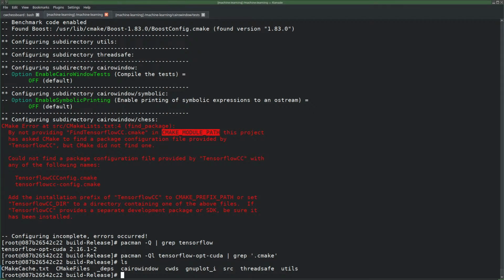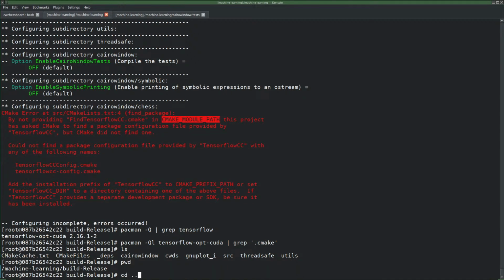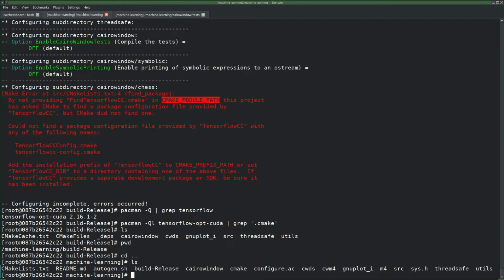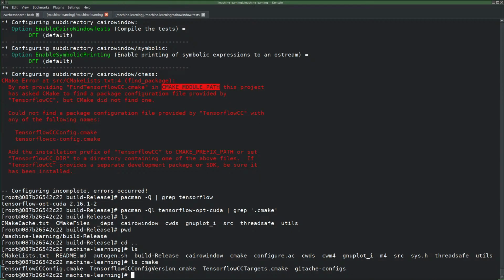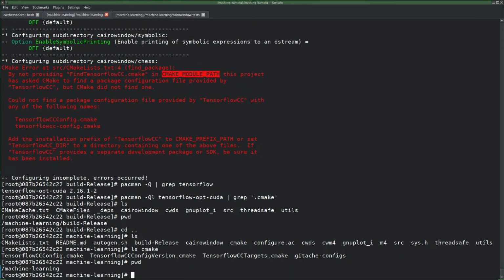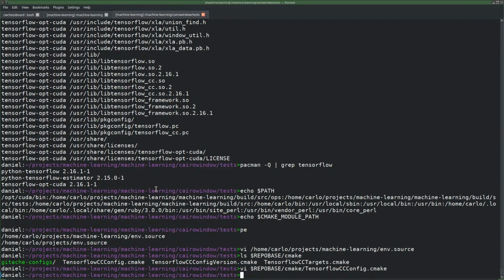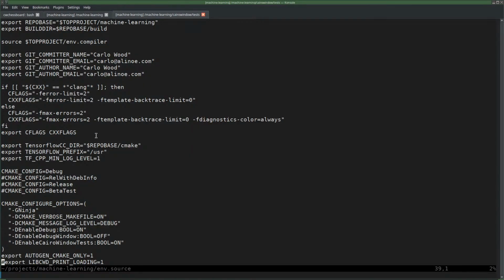Okay. Suddenly I'm staring at a no CMake directory. What the hell's going on? Oh, and build release. This is CMake. So maybe I can do something like this.